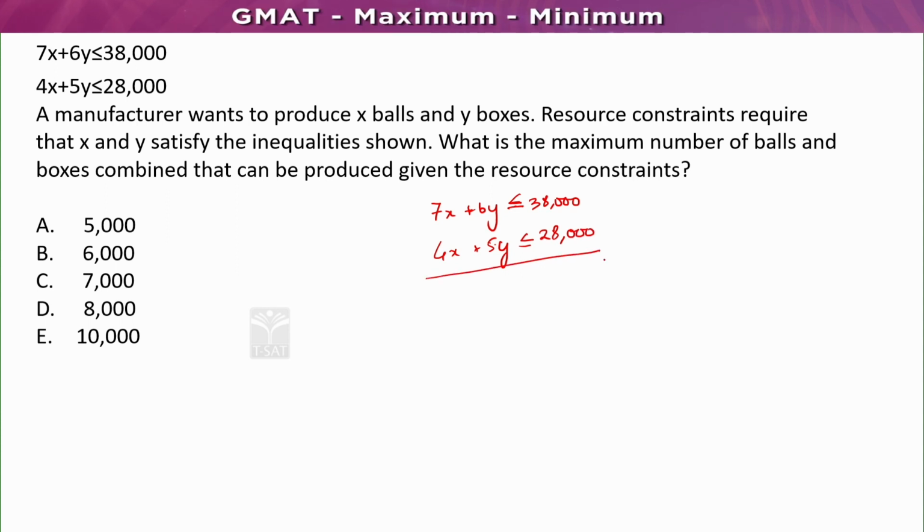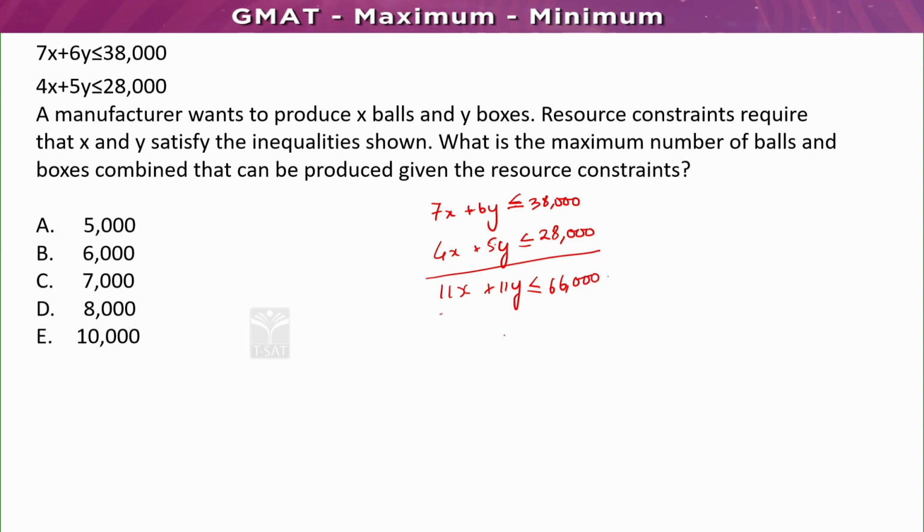We can neither subtract these inequalities nor, so let's add them and see what happens. It is 7x plus 4x is 11x, plus 5y plus 6y is 11y, less than or equal to 38 plus 28, which is 66,000.